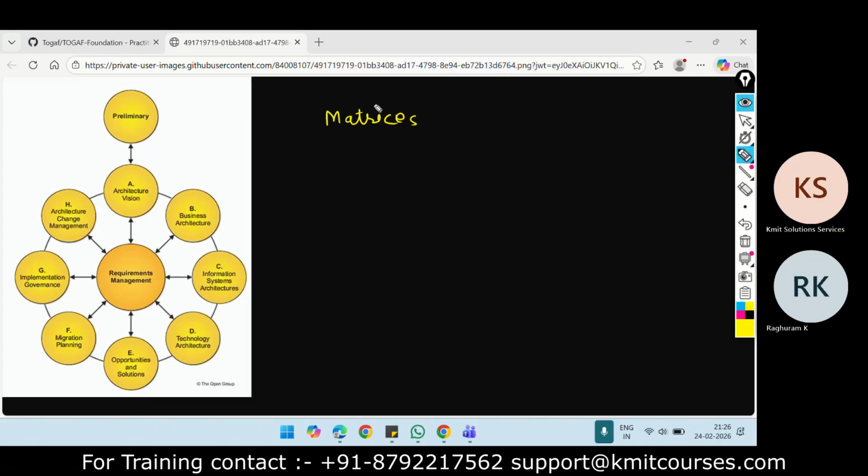Whereas in the case of the catalog, we are simply defining a particular entity. But here it is a relationship between two entities.